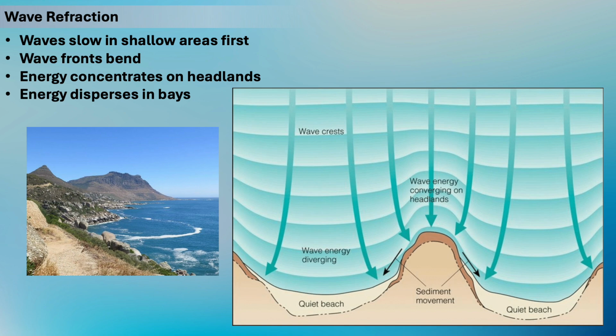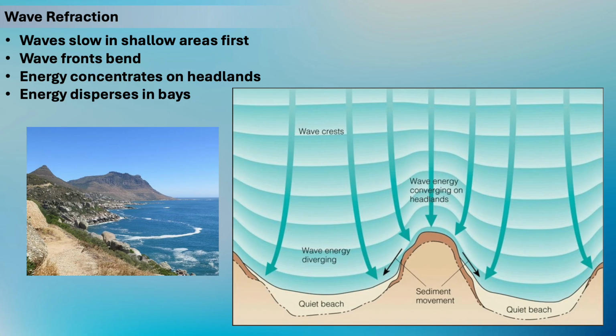Wave refraction redistributes energy along the coastline. Headlands, which extend into deeper water, cause waves to slow first at their tips. Energy becomes concentrated there, as you can see in this illustration. Bays, being shallower and recessed, receive less direct wave energy because wave fronts bend around them.